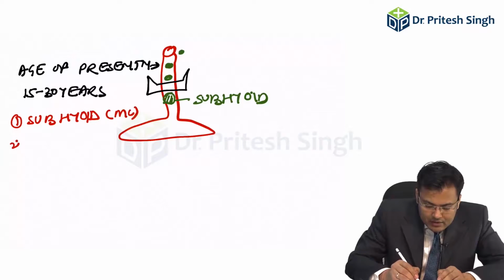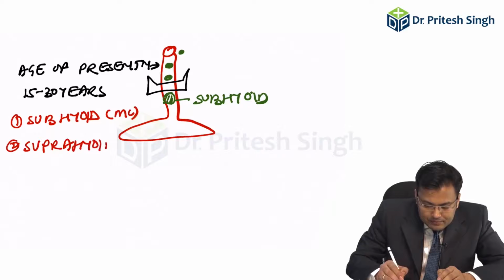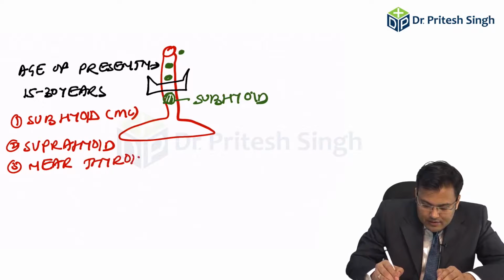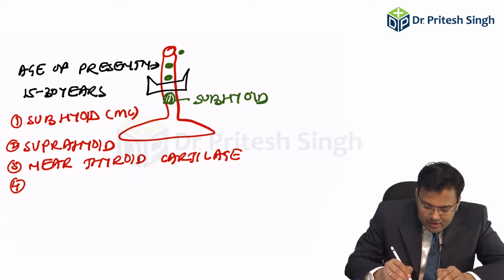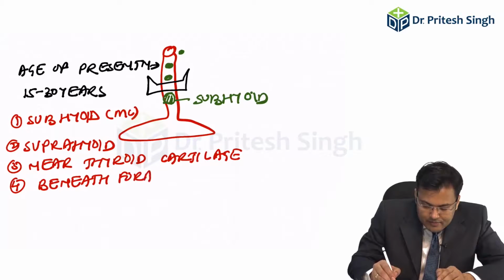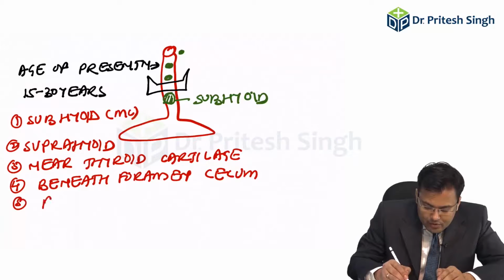Other locations are suprahyoid, near thyroid cartilage, beneath foramen cecum, and in the floor of mouth.